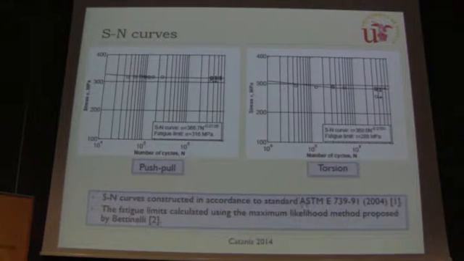So these are the S-N curves for the push-pull test and the torsion test. The most remarkable feature is that the lines are very horizontal, which means that the calculation of the fatigue limit has little uncertainty.